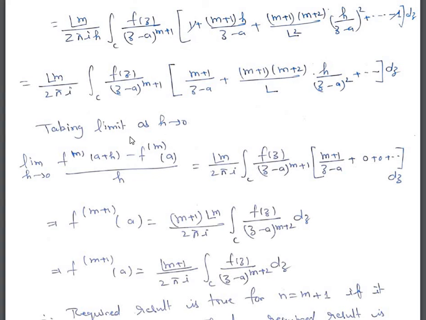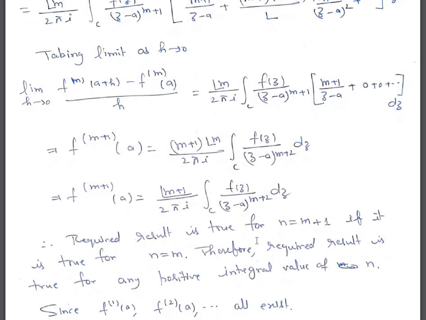Now this is the m plus 1th derivative of f(z) at the point a, and this is equal to (m plus 1) into factorial m upon 2 pi i integral over C f(z) upon (z minus a) to the power m plus 2 dz. (m plus 1) into factorial m is factorial m plus 1. So therefore the m plus 1th derivative of f(z) at a is given by factorial (m plus 1) upon 2 pi i integral over C f(z) upon (z minus a) to the power m plus 2 dz.